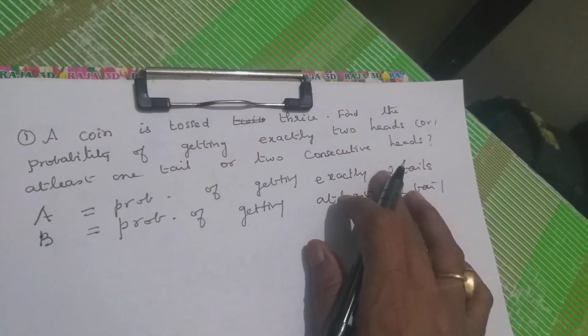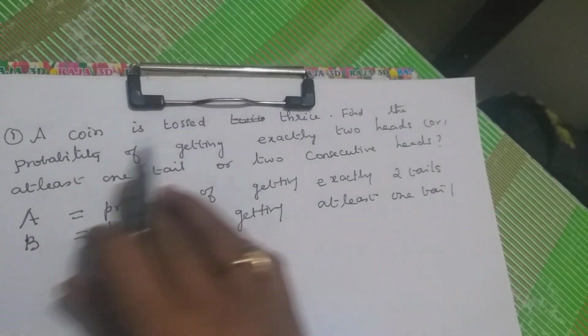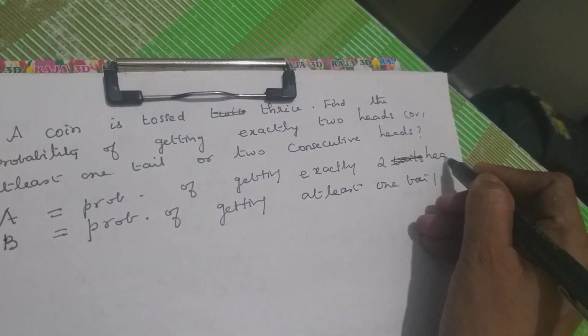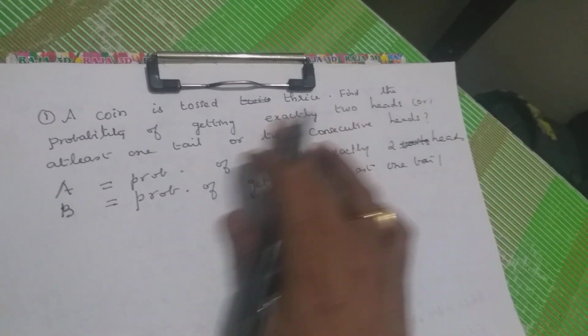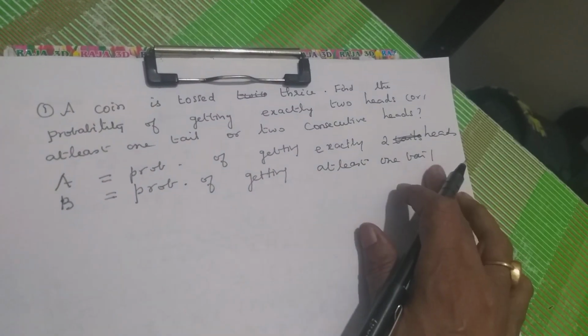Wait, A is the probability of getting, see it's given, find the probability of getting exactly two heads. So A is the probability of getting exactly two heads, not tails, two heads given. And B is the second one, or at least one tail. So B is the probability of getting at least one tail.